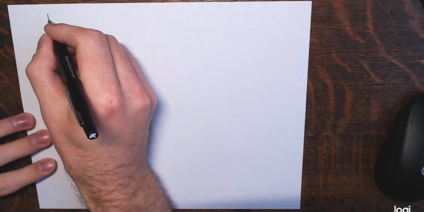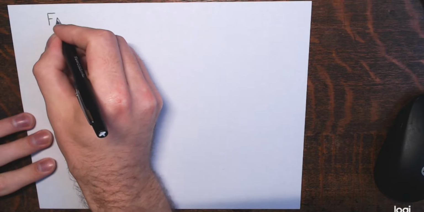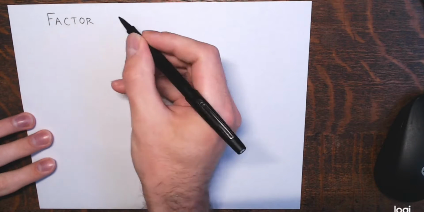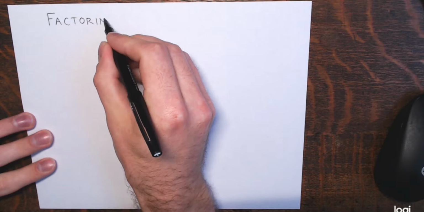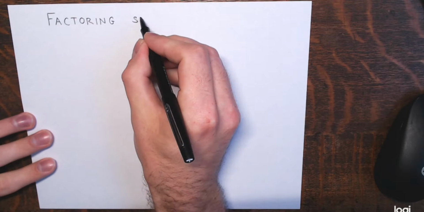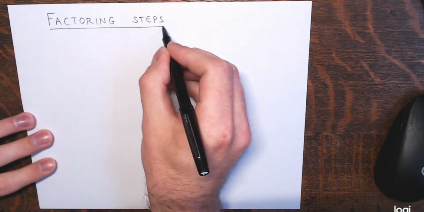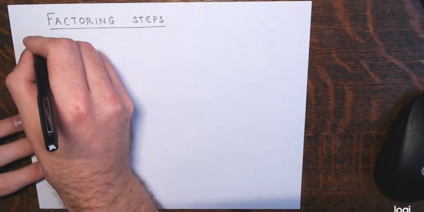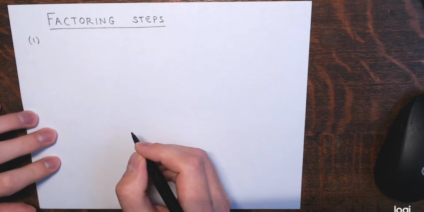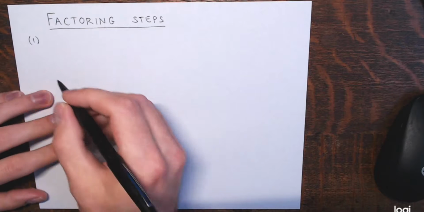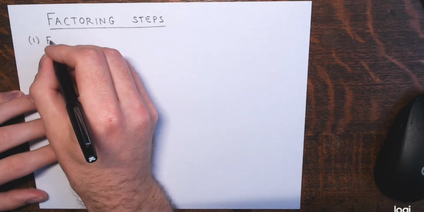Alright, so when we're asked to factor, I'll call this factoring steps or factoring questions. The first step you should follow, the first thing you should do is factor out the greatest common factor, if there is one.